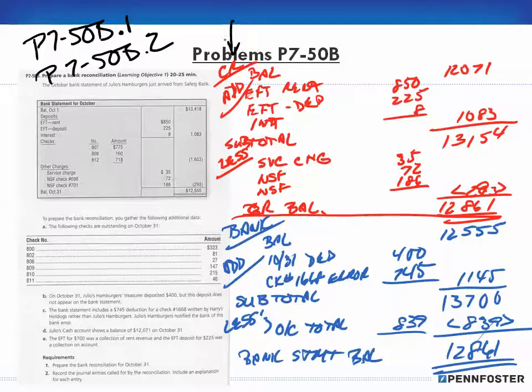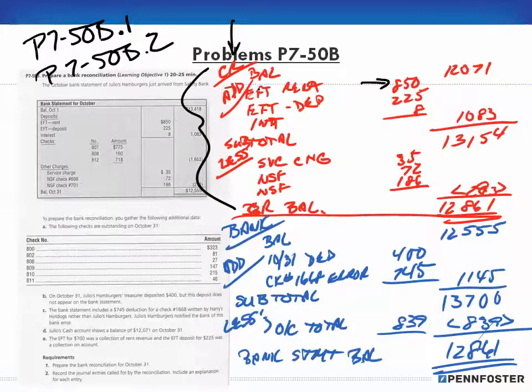So what we're looking at here is our check register, and we have these transactions that were not on our books. Okay, these are our adjustments. So we have to make the journal entries for these adjustments. Right? So the first one here we have for $850 for the rent.